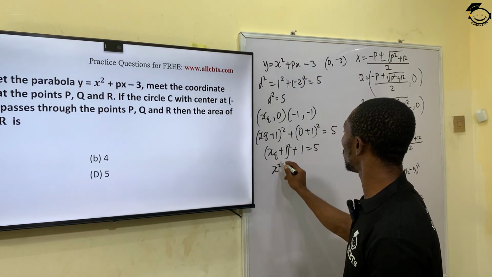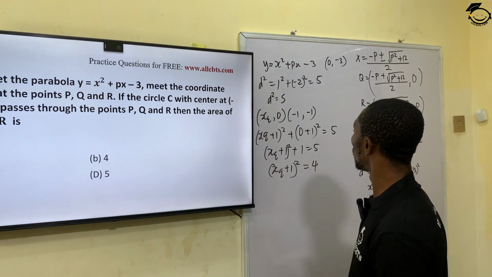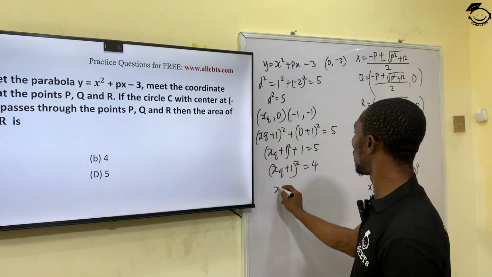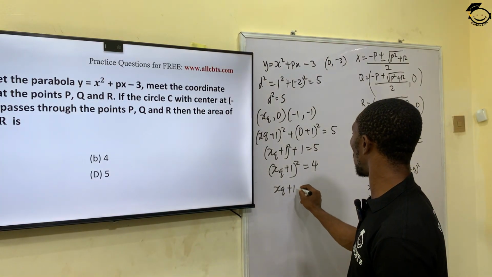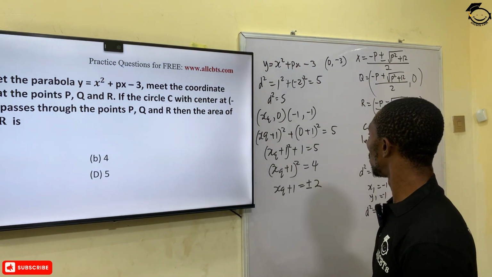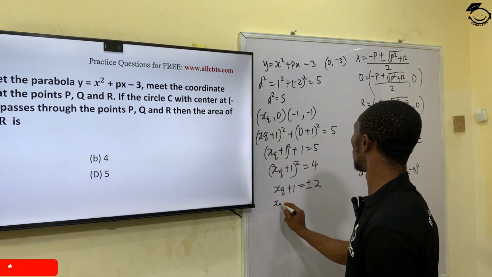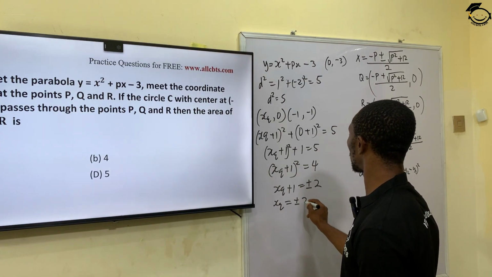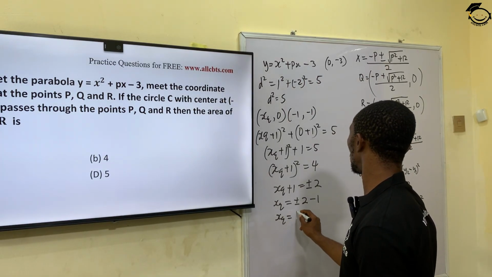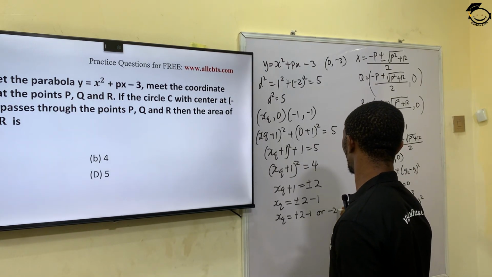So S cube plus 1 all squared equals 4. So taking square root of both sides, we have S cube plus 1 equals plus or minus 2. Okay? Now, S cube equals plus or minus 2 minus 1, which will give us S cube equals plus 2 minus 1 or minus 2 minus 1.